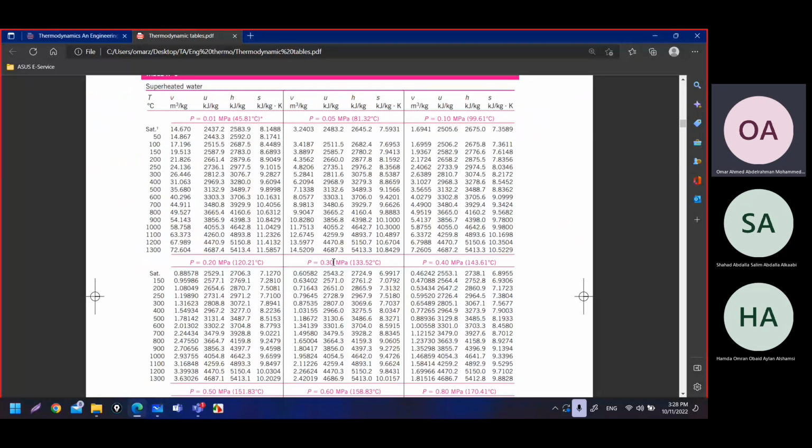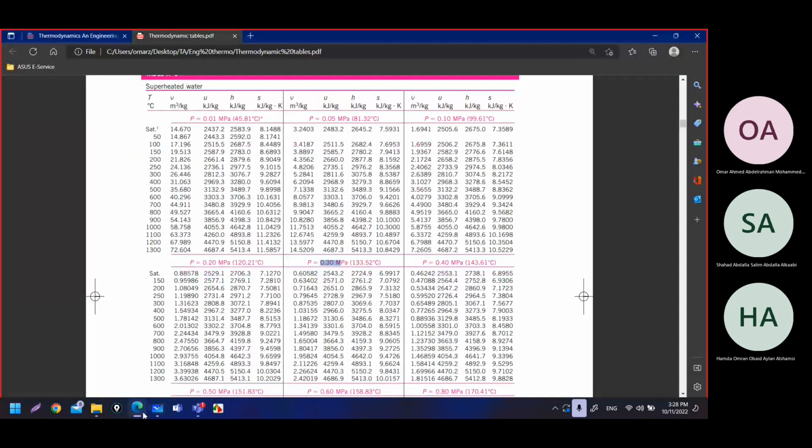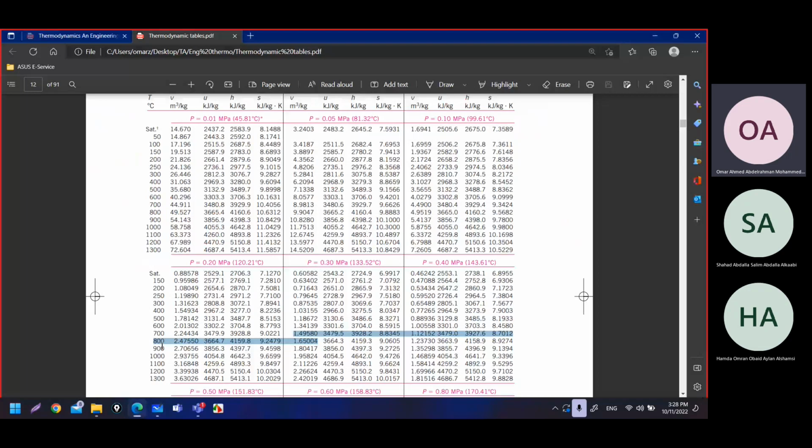And you will go again for 0.3 megapascal under this specific volume, and you'll see that your volume 1.62 is between these two values here, and you will do interpolation between v and the temperatures 700 and 800.